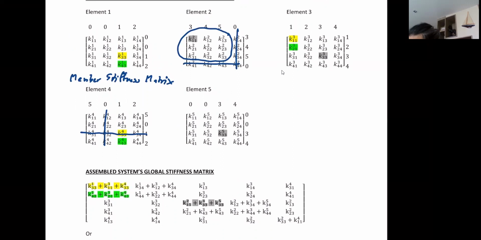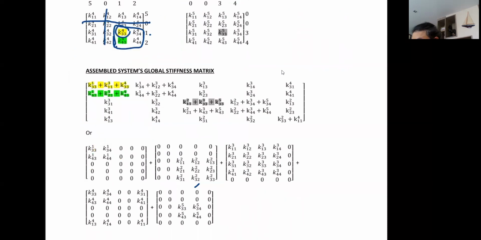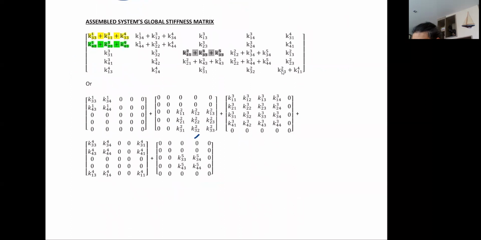So first row, first column, it's this one. I'm sorry, that's a wrong row here. This one goes to the top left corner. You can see that, right? And then you add the 5th row and the 5th column. So for member number 4, it looks like this: 1, 2, and then the 5th row and the 5th column.